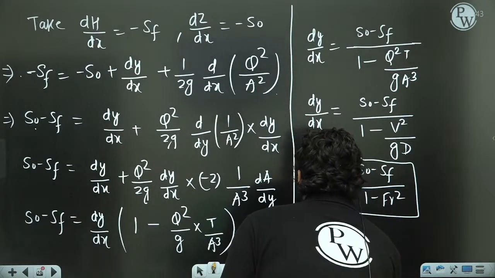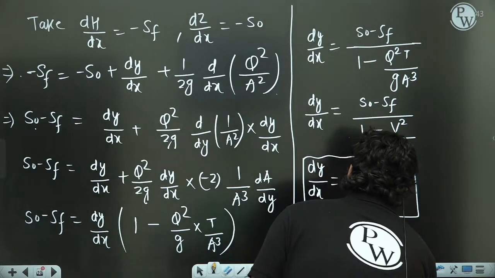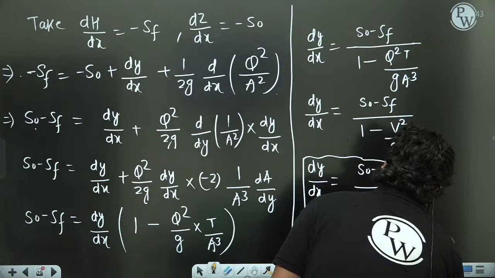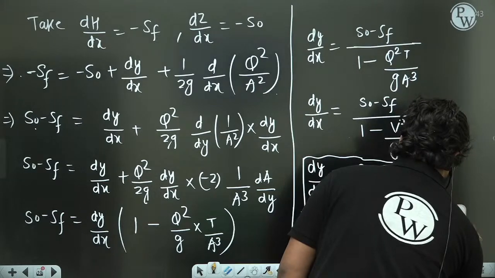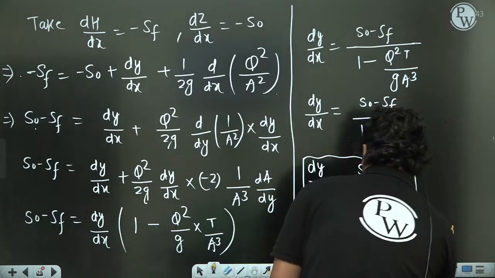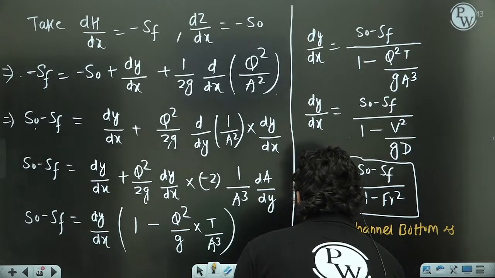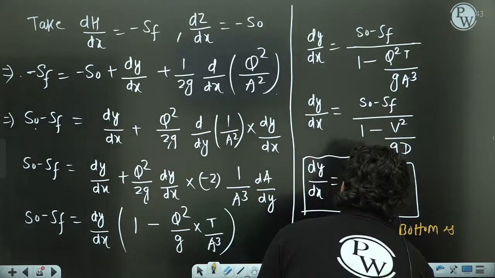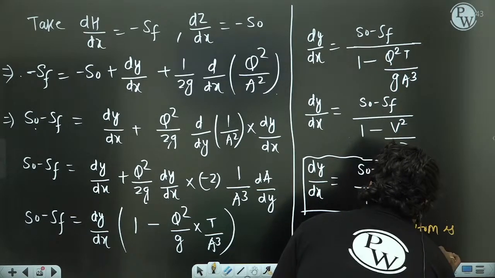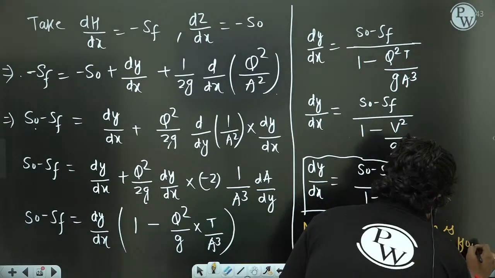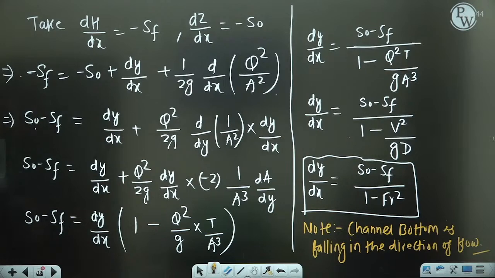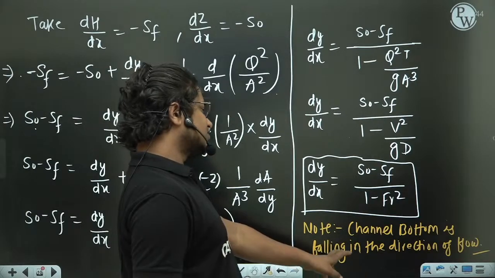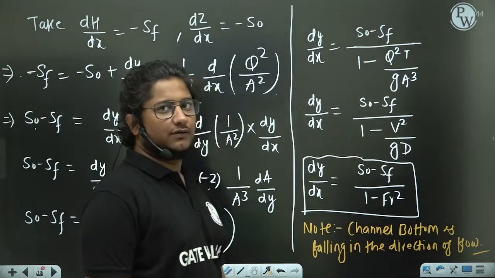Note, you can write: channel bottom is falling in the direction of flow. This you need to assume, and this we have already assumed. So for this equation you need to always take care that the channel bottom is falling in the direction of flow.